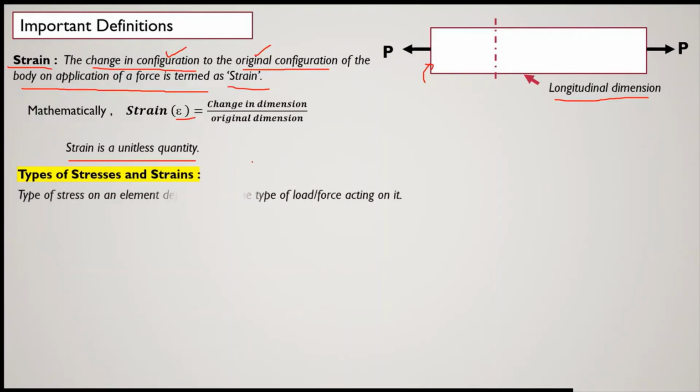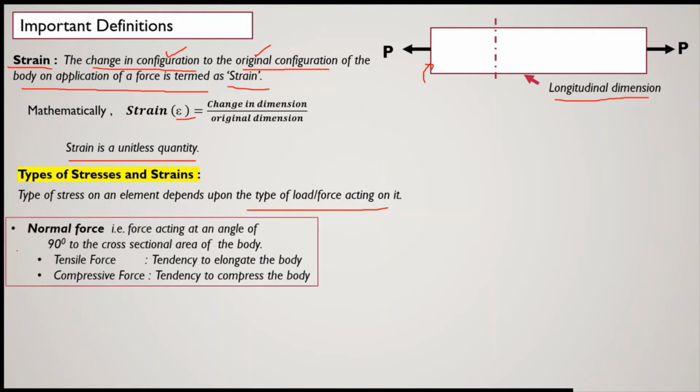The type of stress on an element, that means a body or an element, depends on the type of load, that means what type of load is acting on it. If that load is a tensile load, then the stress will be tensile stress. When there is a compressive load, then the stress will be compressive stress.